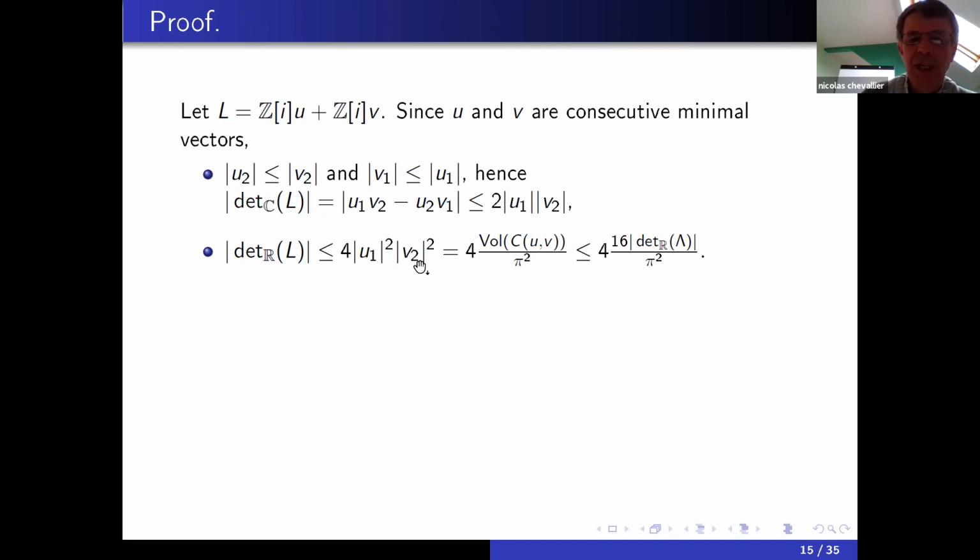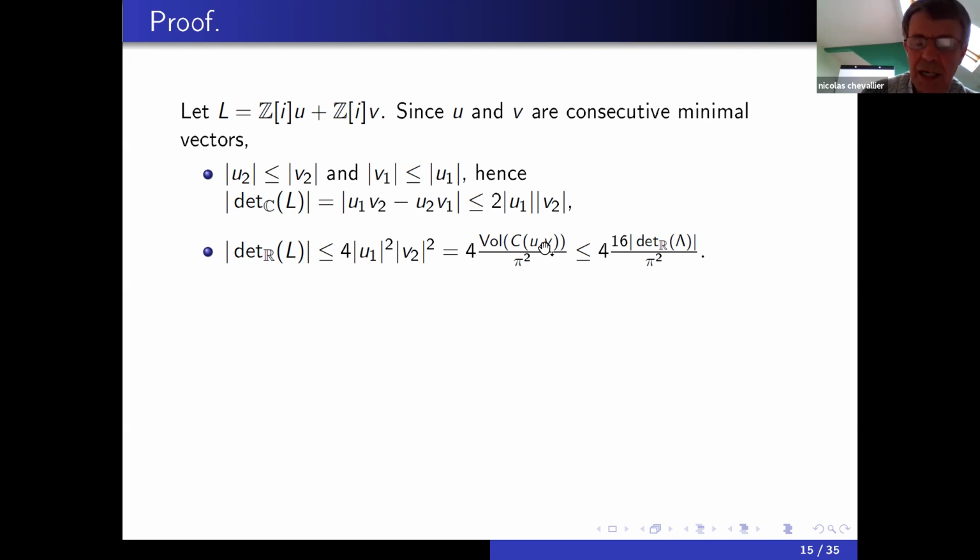But this product is the volume of the cylinder C of UV up to the factor pi to the power 2 here. So this is equal. And now we said before that since U and V are consecutive minimal vectors, the interior of the convex body C of UV cannot contain a lattice point.